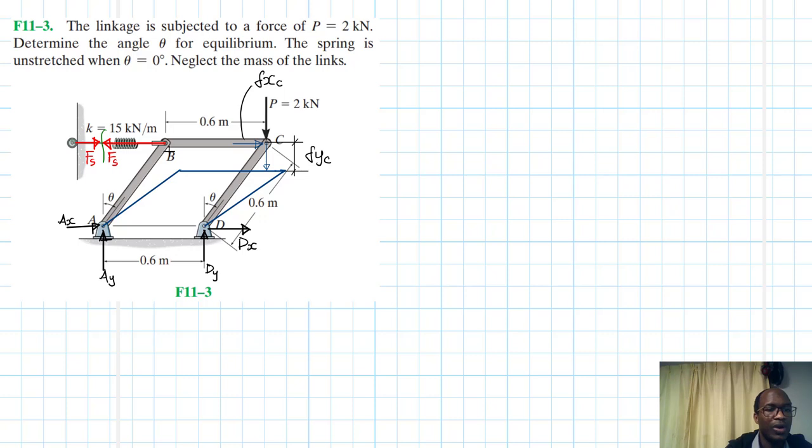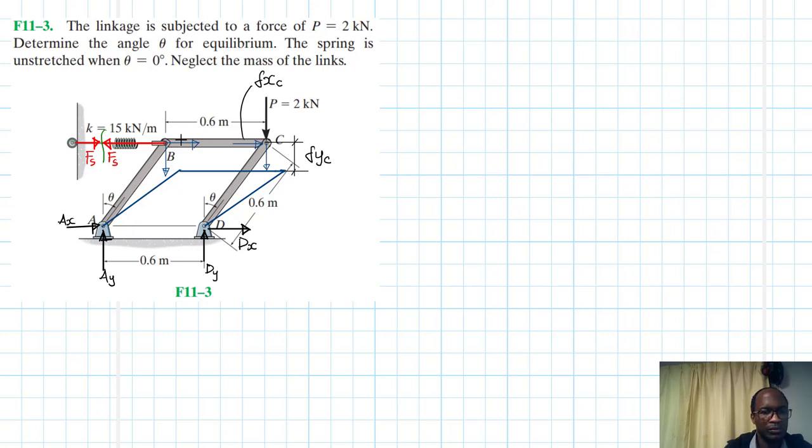We'll have downwards here. We'll have a movement, a downward movement also at B, like so. We're going to have a downward movement like so. Okay, as well as horizontal movement like so. Okay, so we'll have these two movements here.